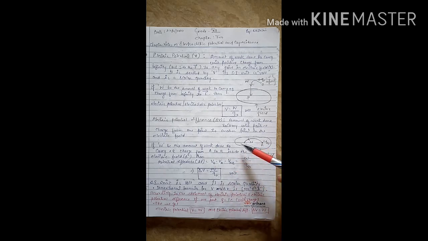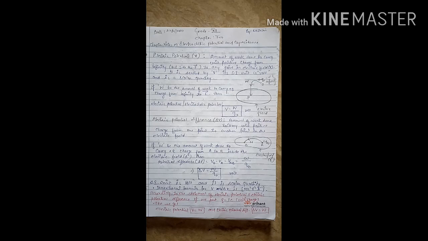The difference of these electric potentials is called electric potential difference, which is represented by VB minus VA, which is VAB, and this VAB can also be written as delta V. This is the formula for electrostatic potential difference, and its SI unit is volt, and it is also a scalar quantity.